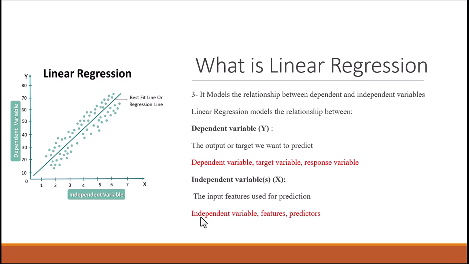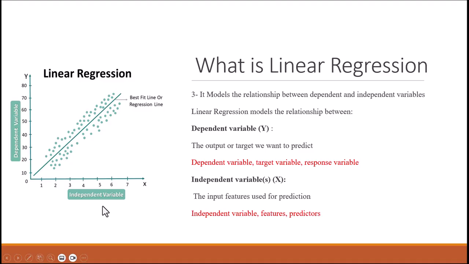Now, we understood that linear regression models the relationship between dependent and independent variables. But what are dependent and independent variables? Dependent variables are the output or target variable that we want to predict, and so their values are dependent on the features or independent variables.